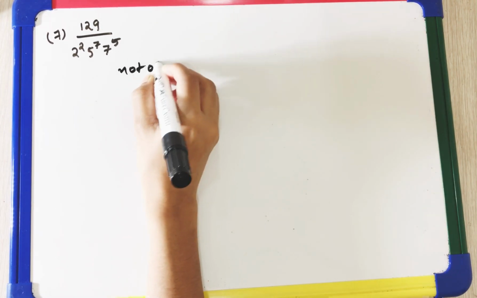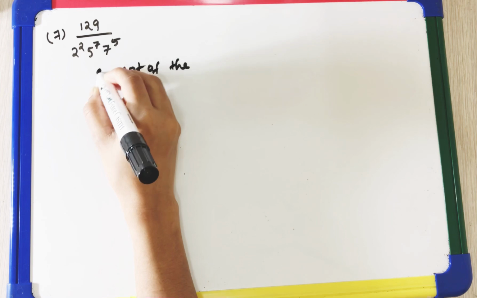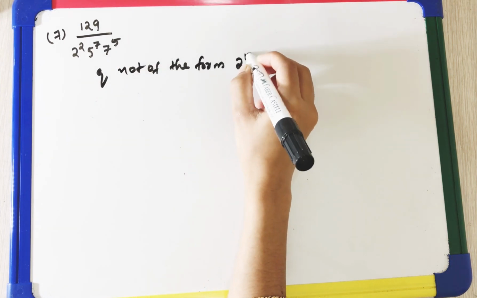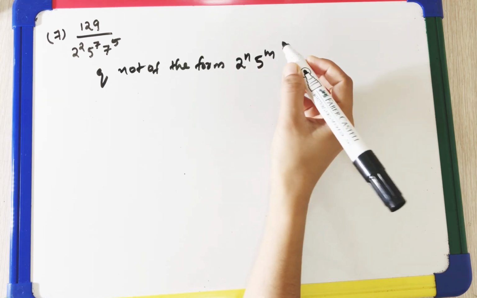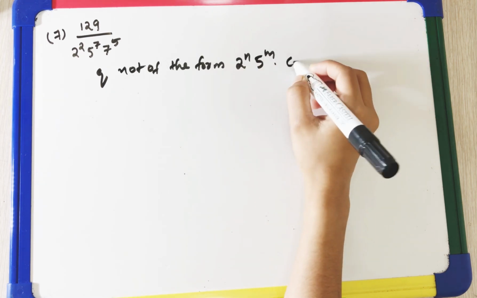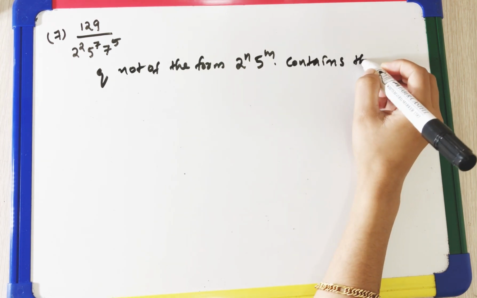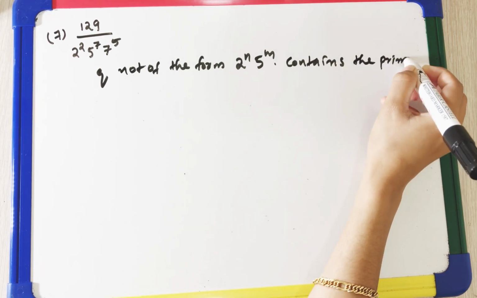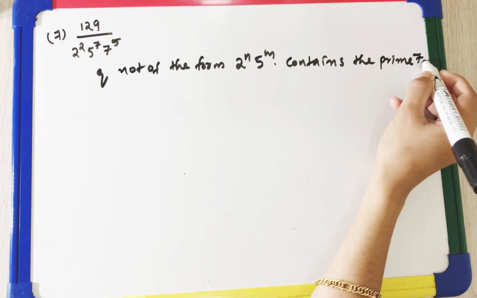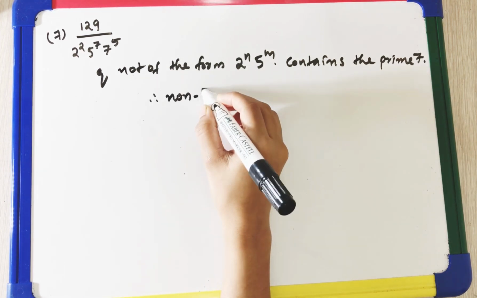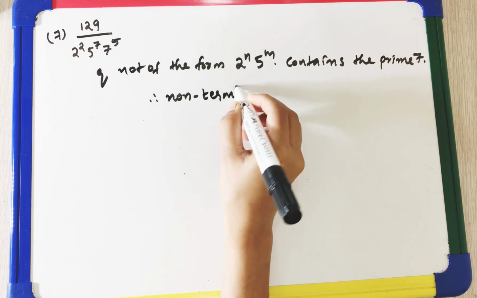Not of the form 2 raised to n into 5 raised to m. Contains the prime 7. Therefore, non-terminating repeating.